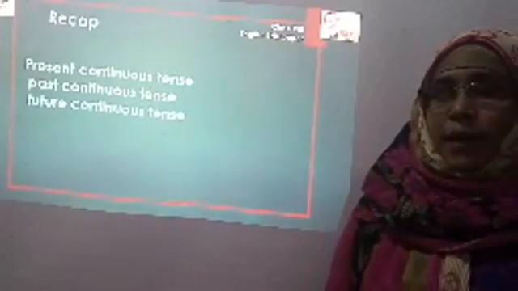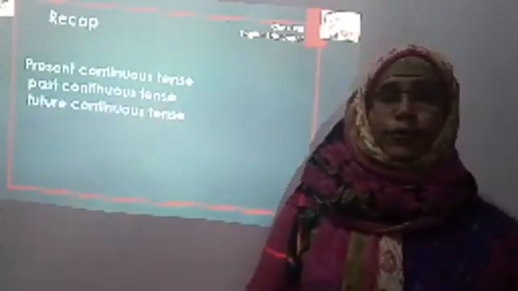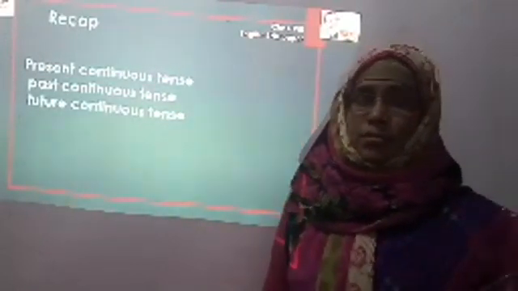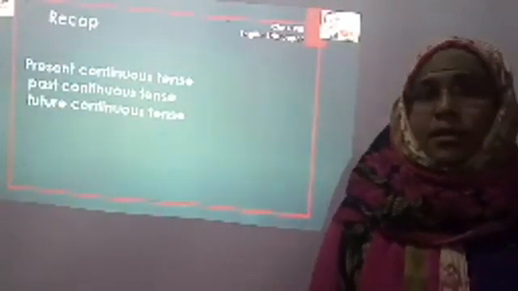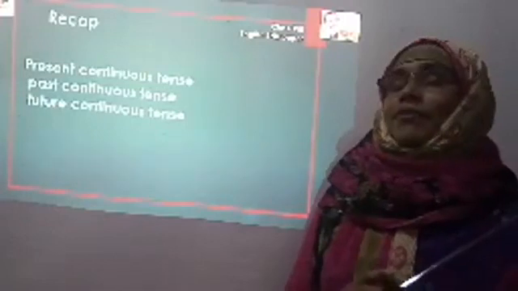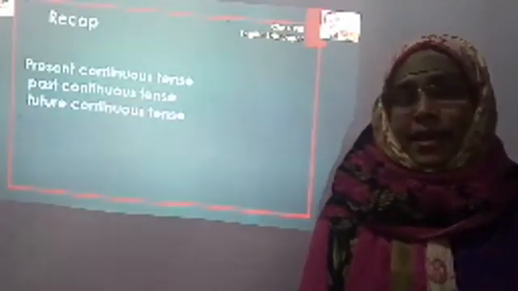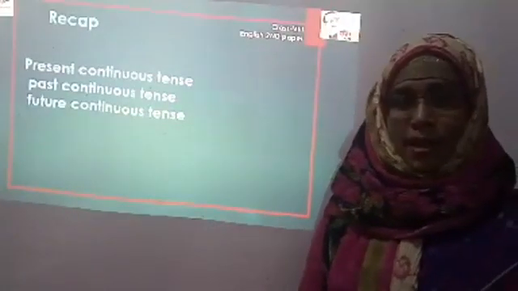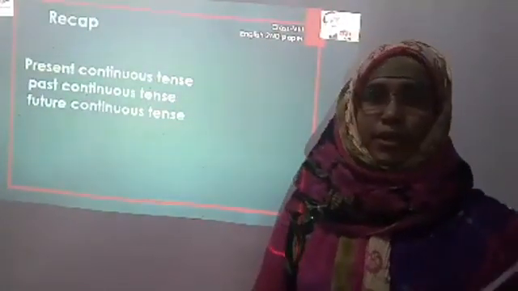And also we have got the idea how we can form sentences in present continuous, past continuous, and future continuous. In every tense, for the positive sentence, you have to write subject, then auxiliary verb, then the verb will take ing.